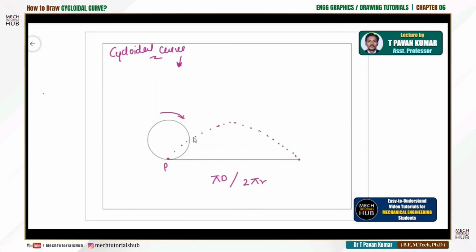How many points it is going to trace, how many instances it is going to mark, is more and more important. For example, it could mark 4 intersection points, or 8, or 12. It all depends on how many divisions you are going to create on this particular circle.